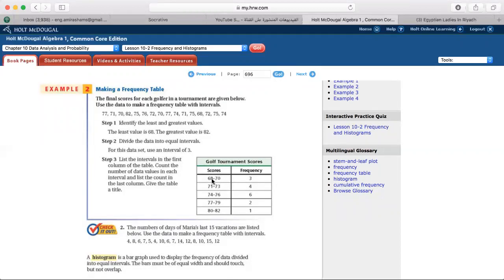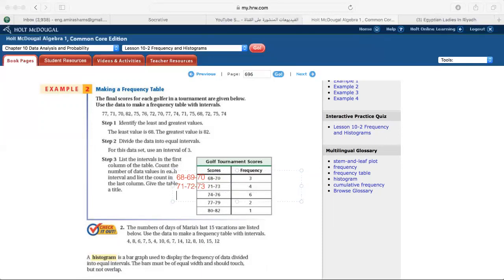68 to 70, where 68 and 70 are included. So this means that the first group has 68, 69, and 70. In the second one, I have 71, 72, and 73.